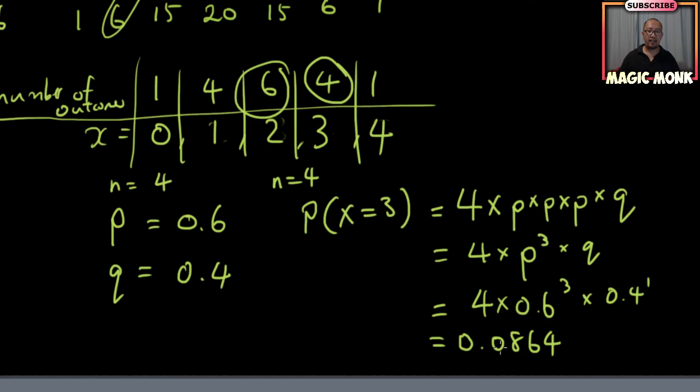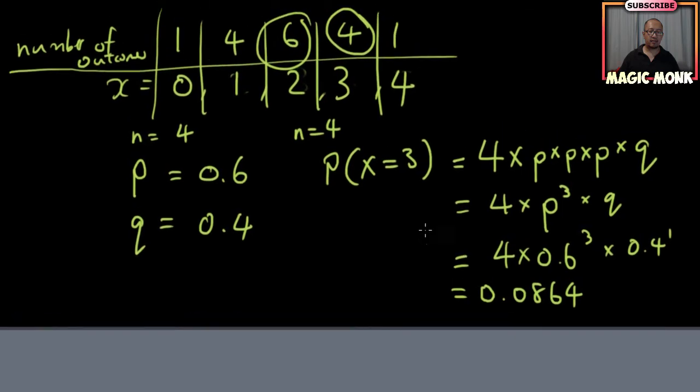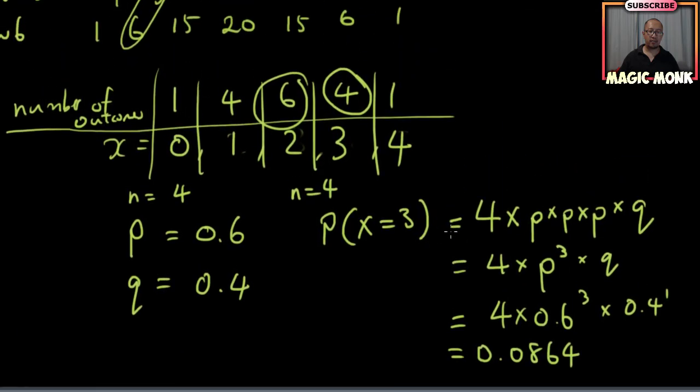Right, so that is the probability of getting 3 successes when you have 4 tosses. Does that seem right? 3 successes from 4 tosses. 4 trials.